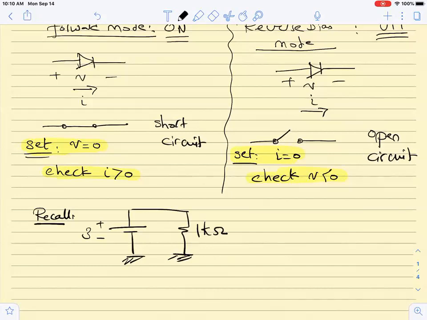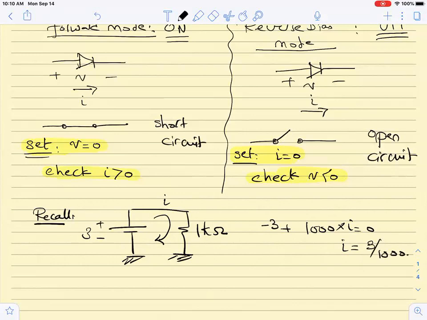We would apply KCL: minus 3 plus 1000 times I is equal to 0. So we find the I of the resistor. I is equal to 3 over 1000. This is known, right?